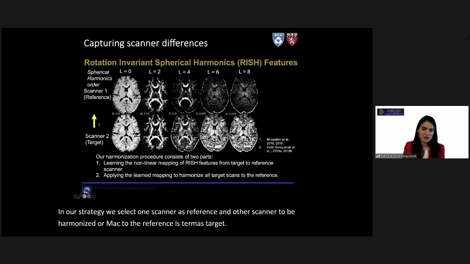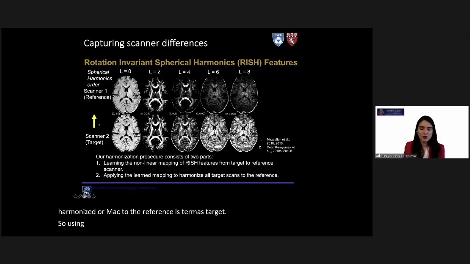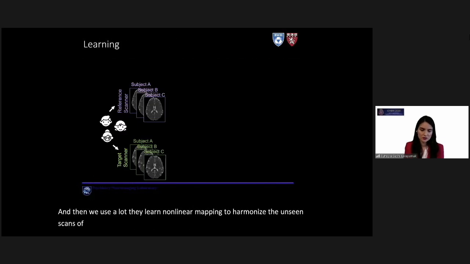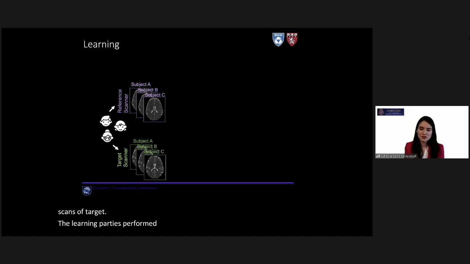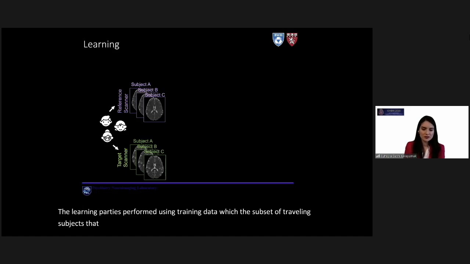So using the traveling subjects, we first aim to learn the nonlinear mapping of the RISH features from target to the reference, and then we use the learned nonlinear mapping to harmonize the unseen scans of the target. The learning part is performed using training data, which is a subset of traveling subjects that were scanned with both scanners.